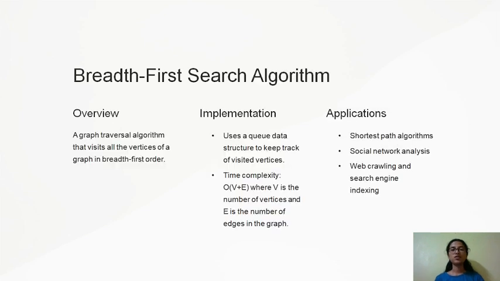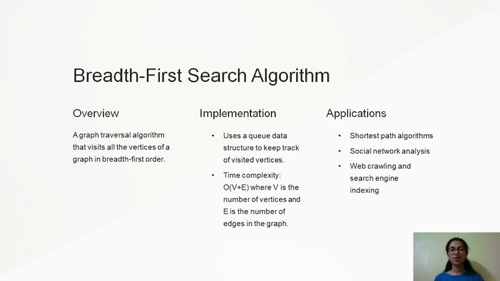Let's have an overview of the breadth first search algorithm. It is a graph traversal algorithm that visits all the vertices of a graph in breadth first order, and its implementation uses a queue data structure to keep track of visited vertices.